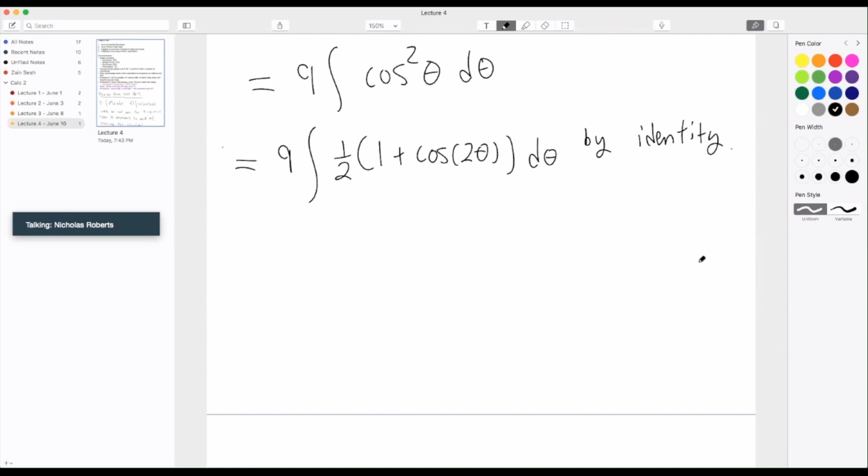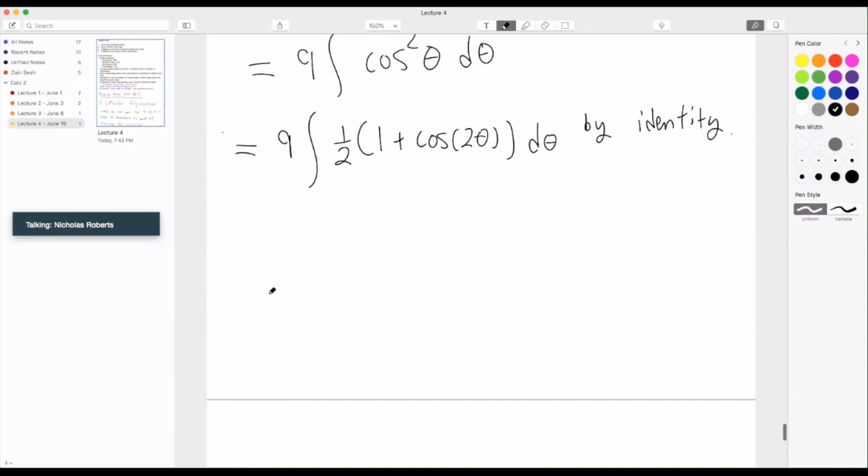Now I will finally take the integral, after all of these algebraic steps. So this will become 9 times theta over 2 plus 1/4 sine of 2 theta, by taking the integral.